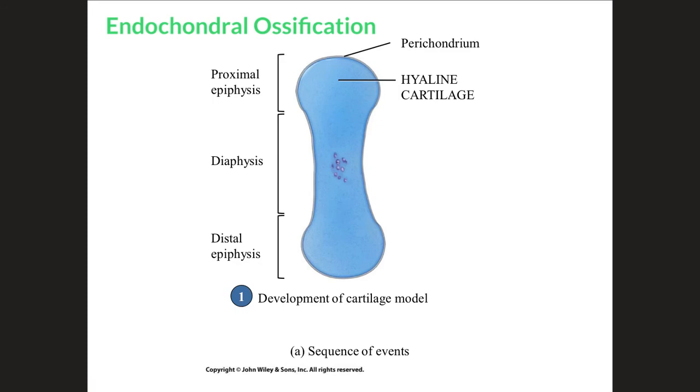Now you can notice the hyaline cartilage actually takes the formation of a bone where there's going to be the proximal epiphysis, the distal epiphysis, and then the diaphysis that is in the middle.